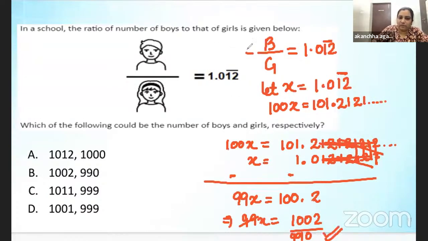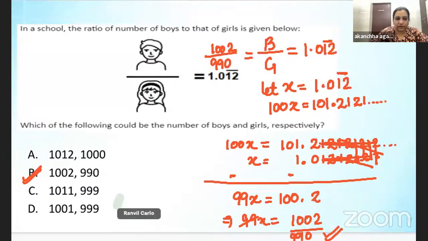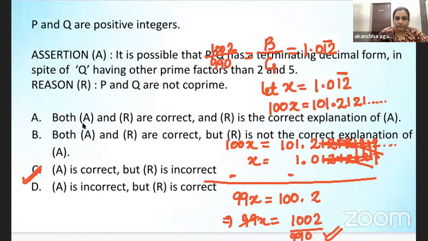Can you guess the value, boys and girls? 1002 over 990. So the correct option is option B, right? Okay, I hope it is clear. If it is not clear, you can ask me again. You can put up your specific doubt in the chat as well. Okay, let's proceed to the next problem.